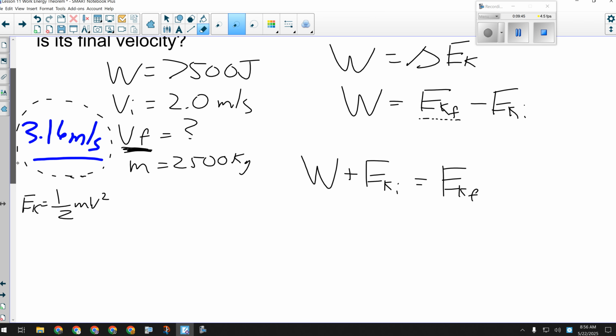This number I know, so I don't need to put a formula in for that. I know it's 7,500 joules, plus 1/2 times mass times initial speed squared. That's my initial kinetic energy. That's going to equal my final kinetic energy, which is 1/2 m v final squared.